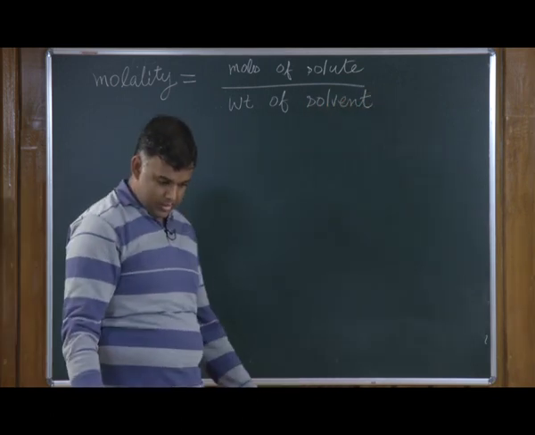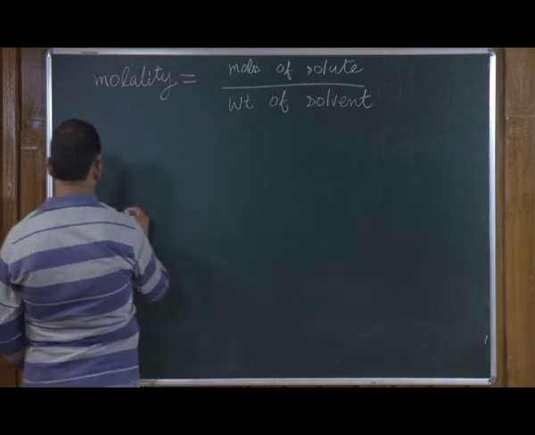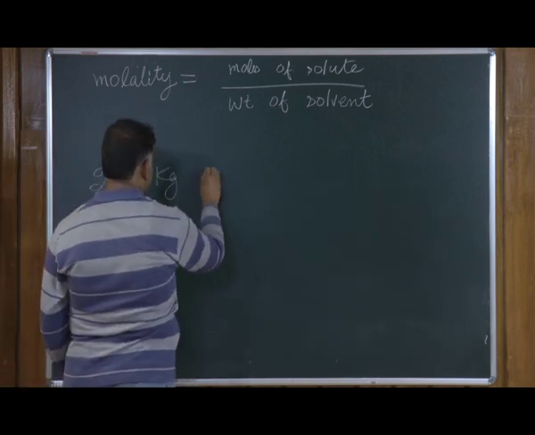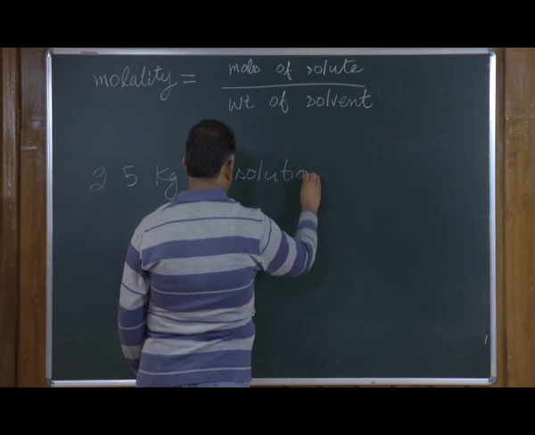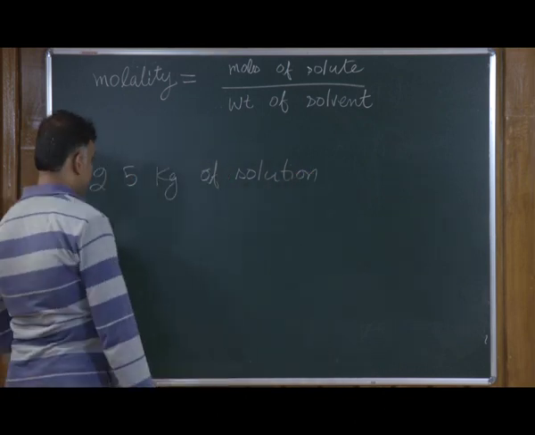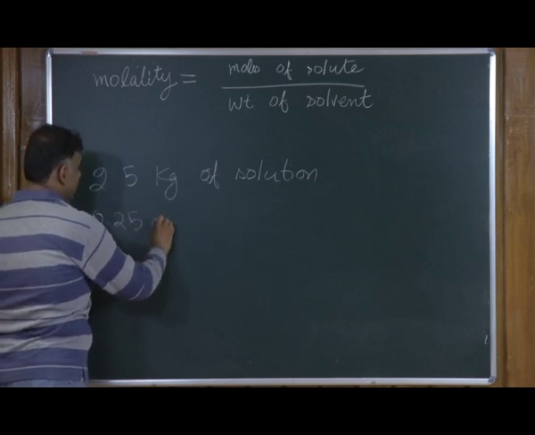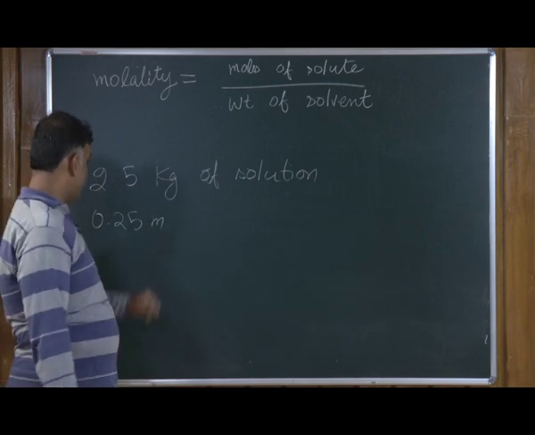So, in this problem, we are preparing 2.5 kg of urea solution, and the solution is going to be 0.25 molal. The symbol used for molality is small m.